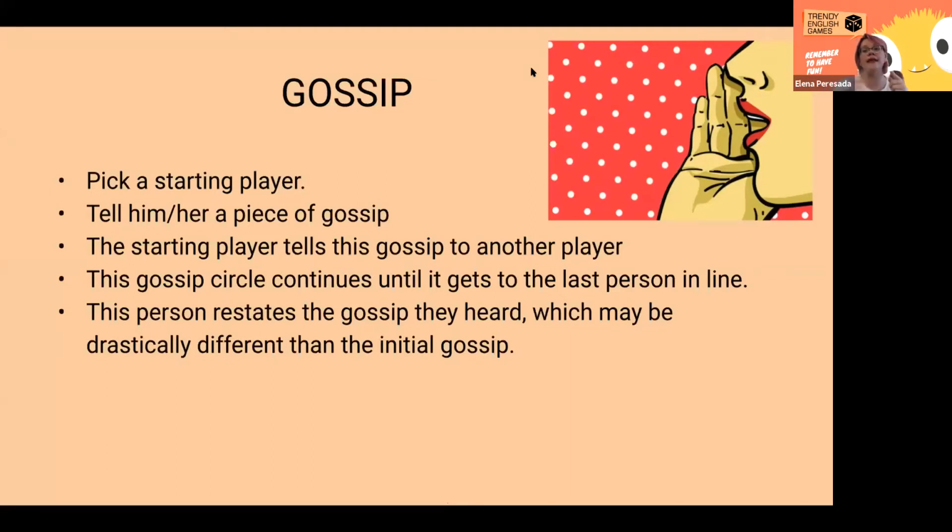Then you ask another player to enter the room, and this first player tells him your story. Then another student is asked to enter the room, and the second player tells him the story. It is fun to see how your story transforms.